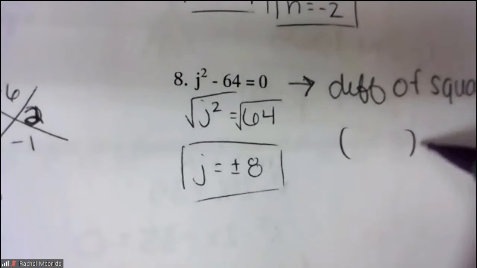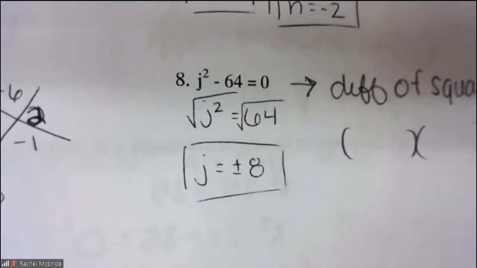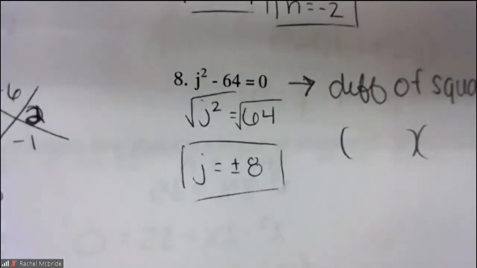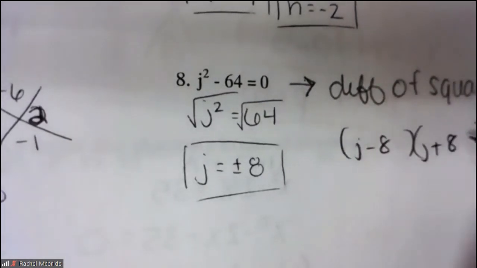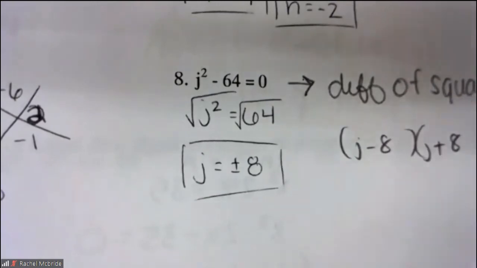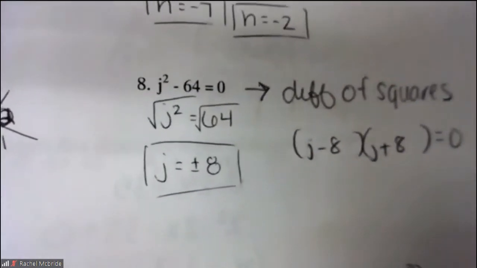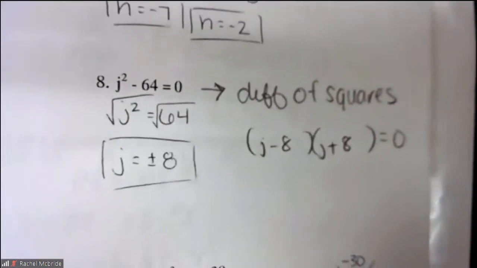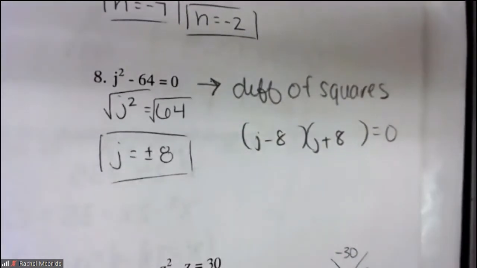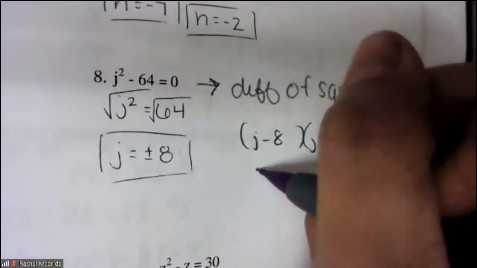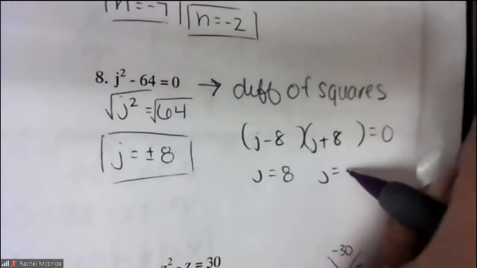Anybody know what that looks like in factored form? Good, Maya? Awesome. Did anybody do it as a factor instead of the square root technique? All right. So again, guys, totally not wrong. Like you could see, you still get the same 2 answers.